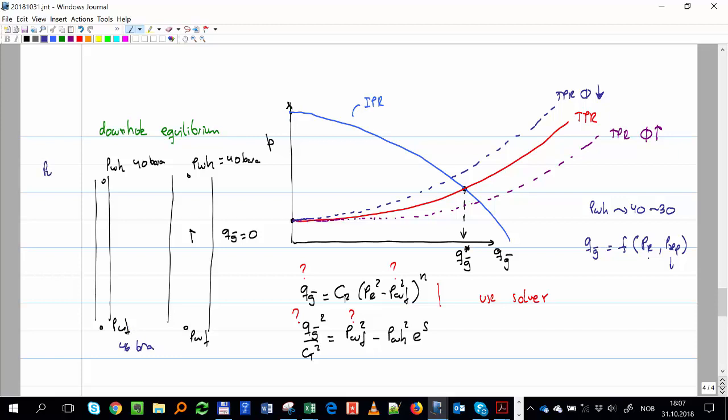Now I have 30 bar. Is it going to be lower than 46 or higher? Lower, right? Because the density is a function of pressure. If the pressure is lower, the density is also lower, and the hydrostatic column, which is the density of the gas times g times h, will also be lower.